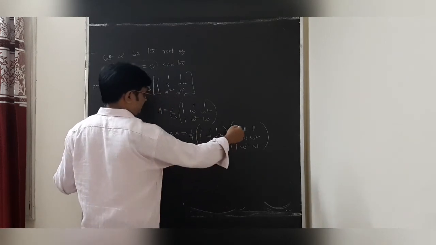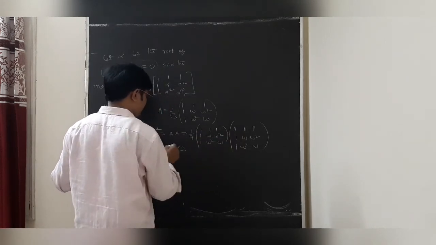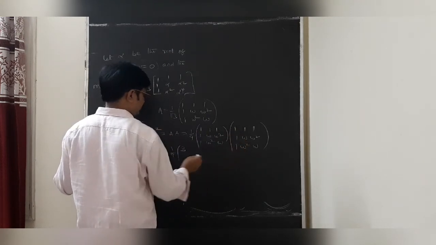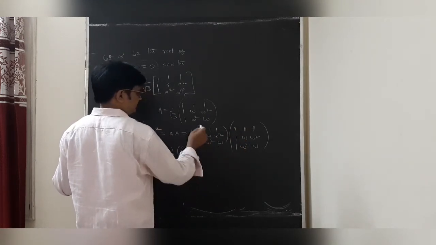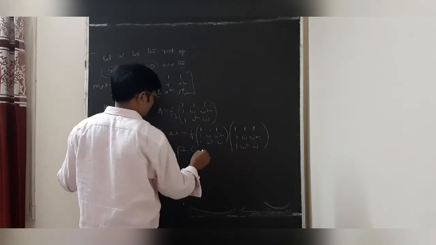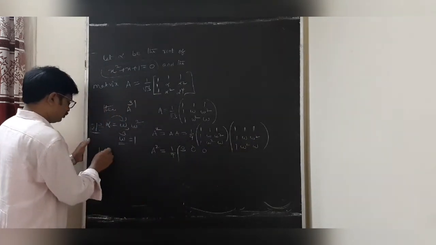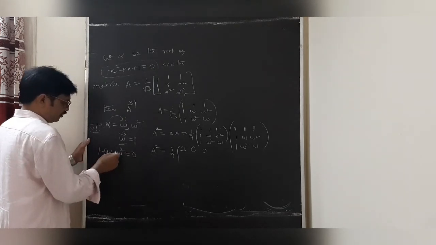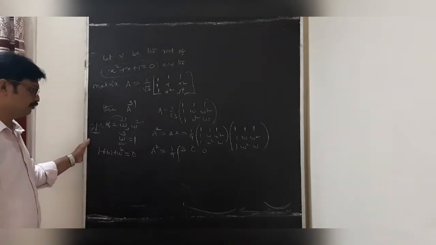First row multiplied with the first column: 1 plus 1 plus 1 is 3. Then 1 plus omega plus omega square is 0. We have to know that 1 plus omega plus omega square is also 0.